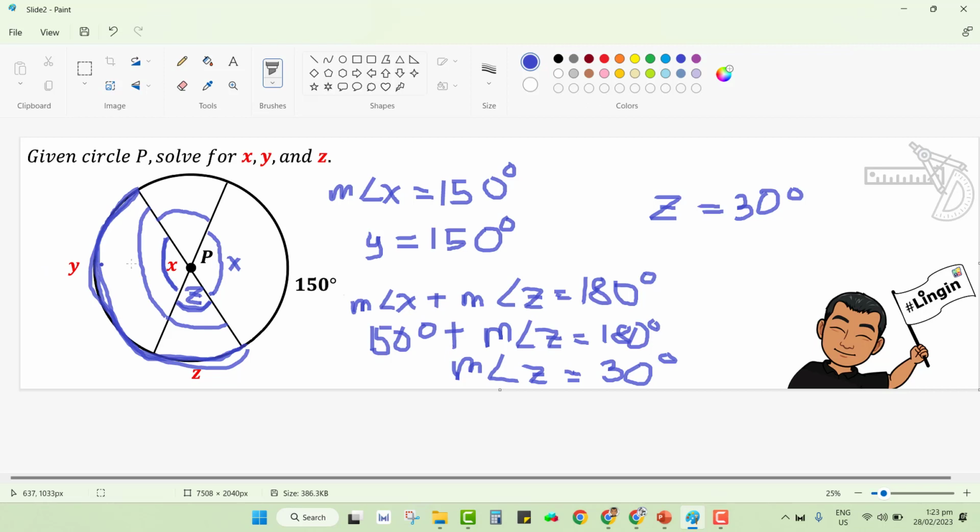And since y is already given as 150 degrees, the value of z is something that when added to 150 degrees will get the result of 180 as a semicircle. Still 30 degrees. This is how we solve the variables x, y, and z for this given circle P.